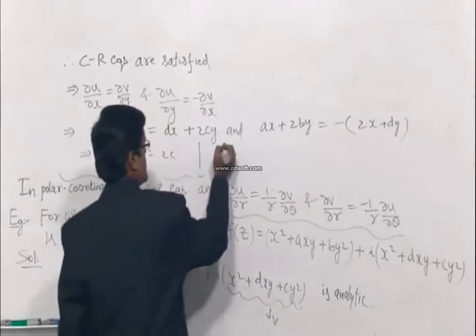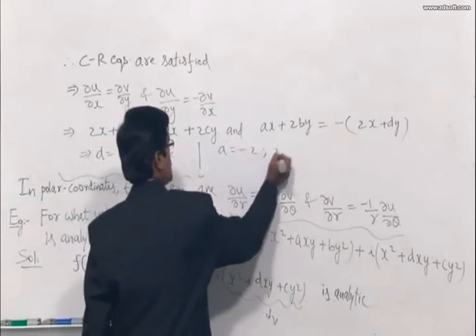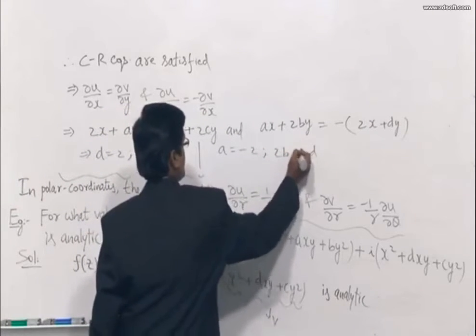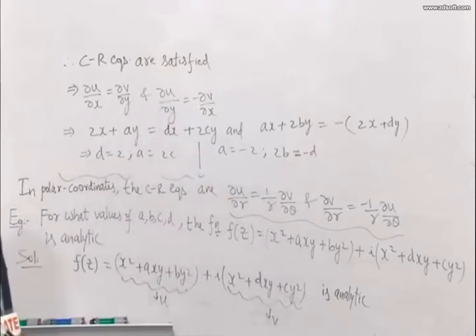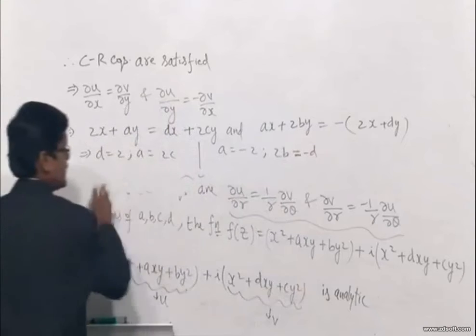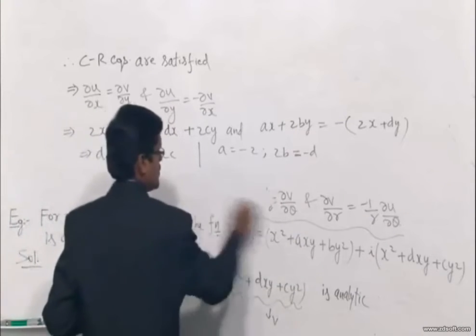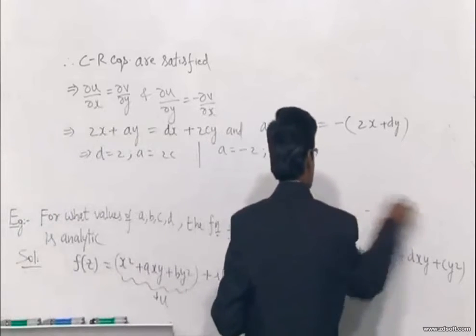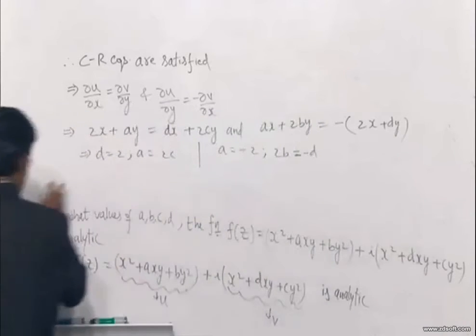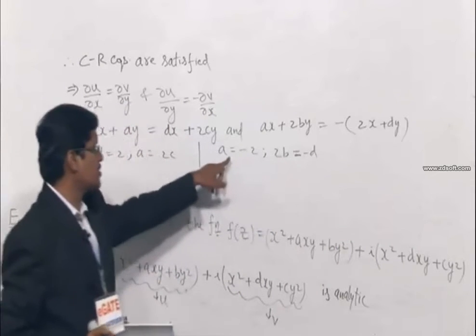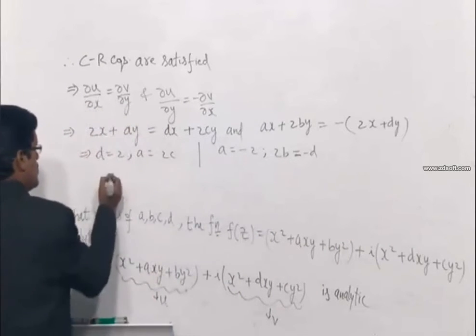On the other side, a is equal to minus 2, 2b is equal to minus d. So substitute this d value there, which gives b value, substitute a value here, which gives c value.